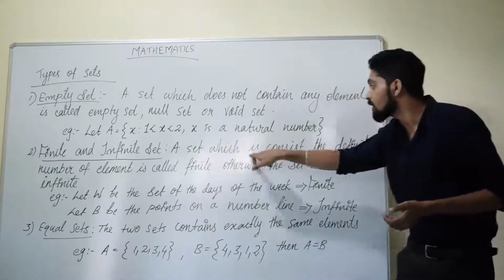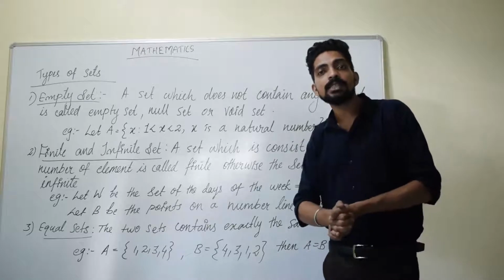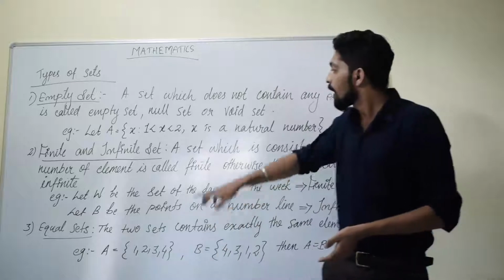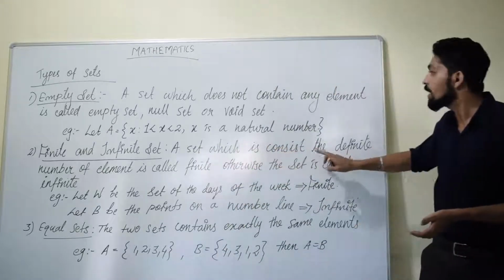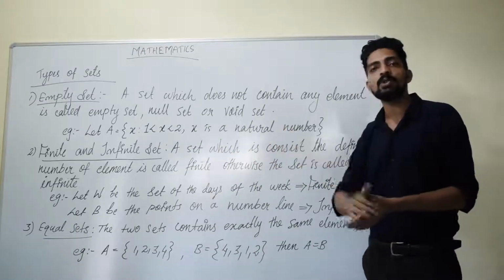A set which consists of a definite number of elements is called a finite set. Finite and definite have the same meaning.